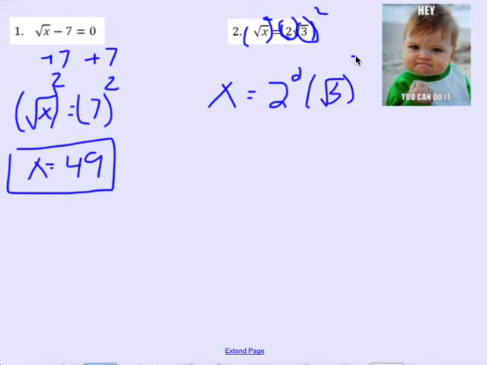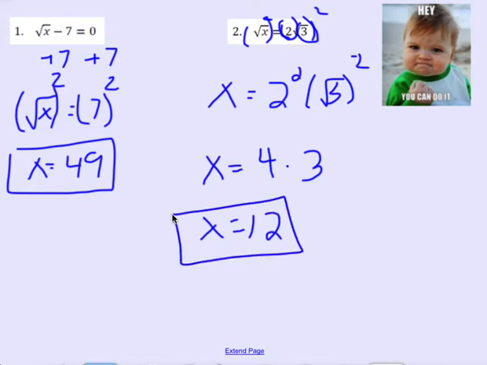So I get x is equal to 2 squared, which is 4, and then the square root of 3 squared is 3. Those two answers are multiplied. So 4 times 3 is 12. So my answer for number 2 is that x is equal to 12.